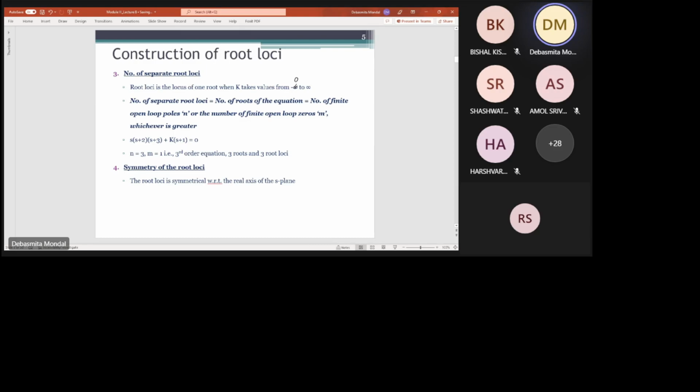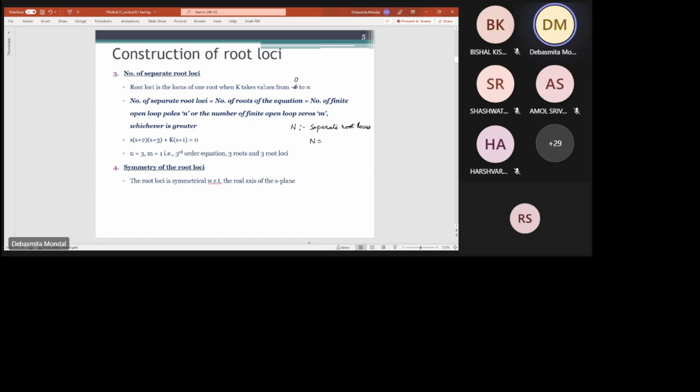So the number of separate root locus, or the number of branches in the root locus, is equal to the number of roots of the equation, or you can say it is equal to the number of finite open loop poles, given by p, or the number of finite open loop zeros, whichever is greater. So let's say n is the number of separate root locus which is present.